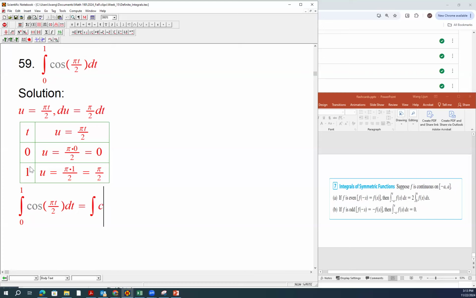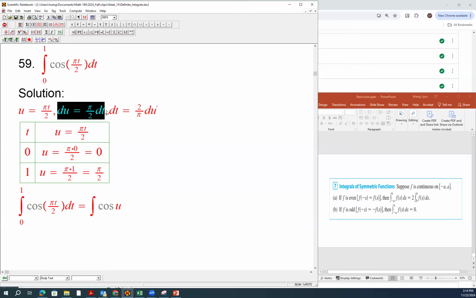Now we've got a cosine u. dt will be replaced and solved for from here as needed: dt equals 2 over pi du.